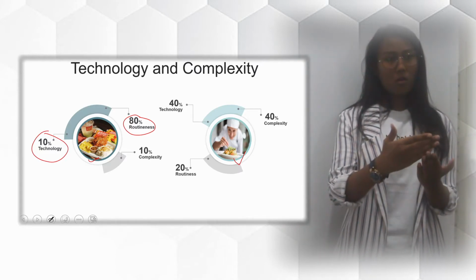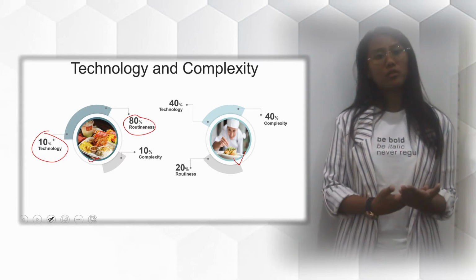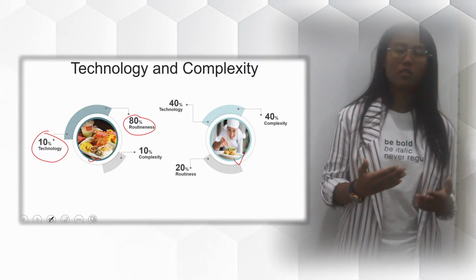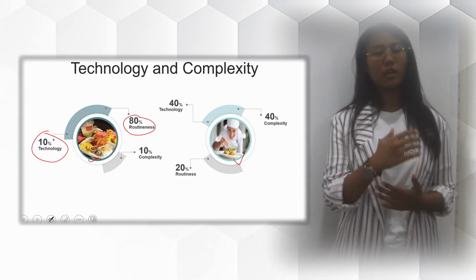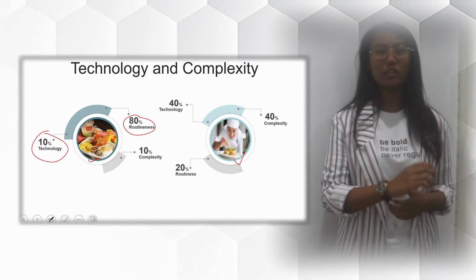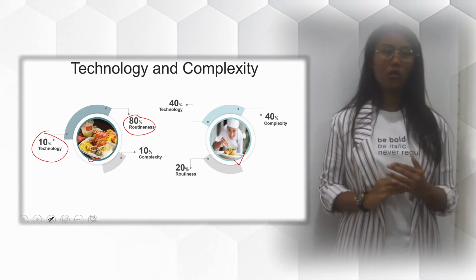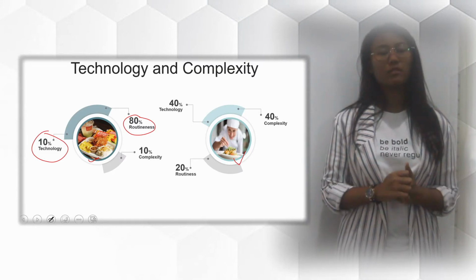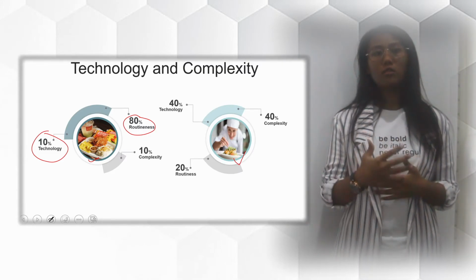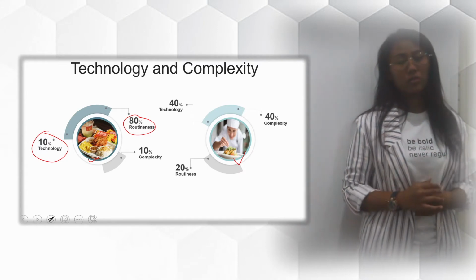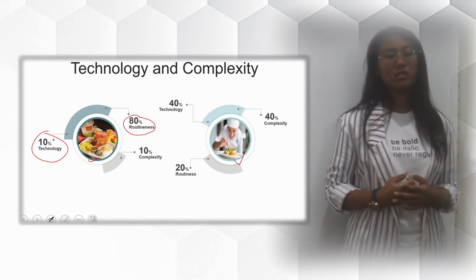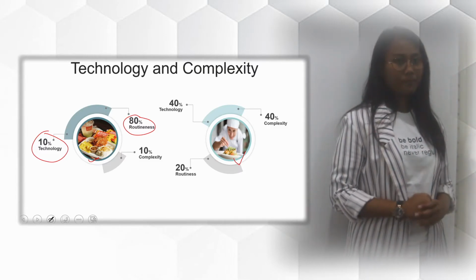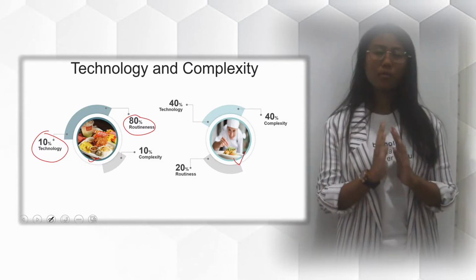Just read the manual book. They don't need a chef to fry the chicken. I think everyone can cook that. So technology is low. They don't need any ideas or have to develop their knowledge. It's just based on the manual book because it is routine, and the complexity is also low because the technology is low. The second picture is food from the fancy restaurant.